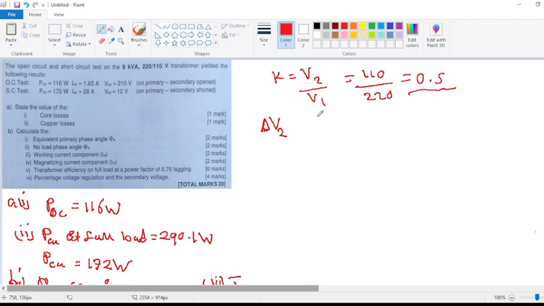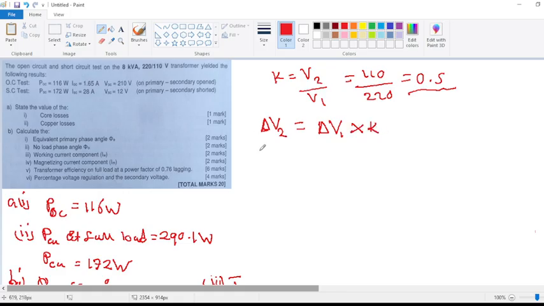We've calculated the voltage drop on the primary side. What about the voltage drop on the secondary side? Let's calculate that and see what happens. So the voltage drop on the secondary side has to be equal to the voltage drop on the primary side, then everything being multiplied by the turns ratio.